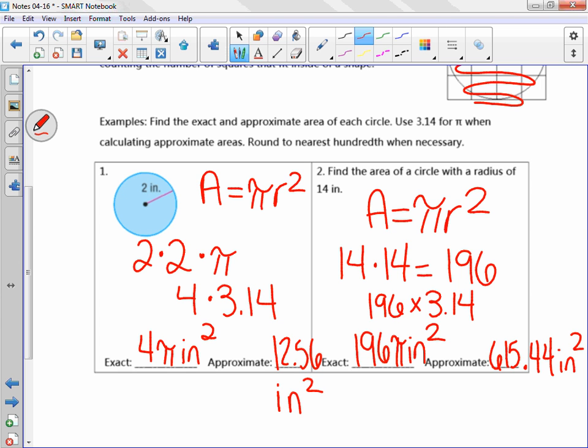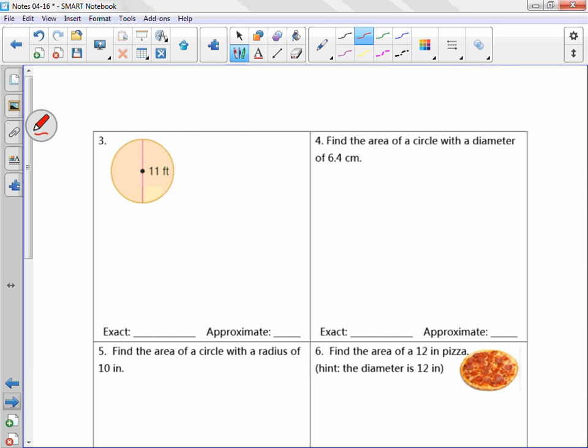Make sure at this point we're not worried about rounding. It does say to round to the nearest hundredth place, and that's what I'm doing, but if the rounding part is confusing, we'll worry about that a little bit later down the road. Let's do a couple more examples, 3 and 4, and then you are going to try the last 2 on your own.